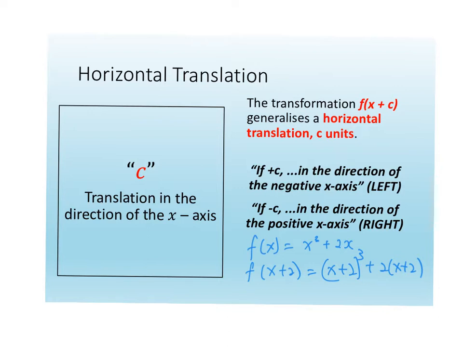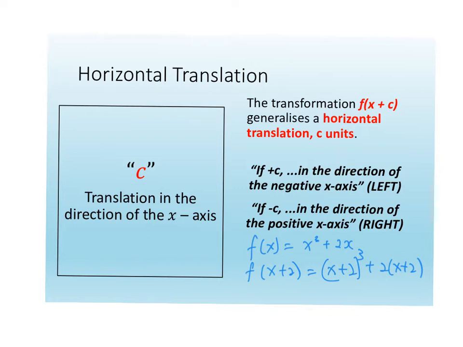And it is in the direction of the x-axis. Here I use the word left, but technically you should use the direction of the x-axis. If you're interpreting what you're supposed to do, this is what it means. If the function is translated in the direction of the negative x-axis, you know that it's moving to the left.